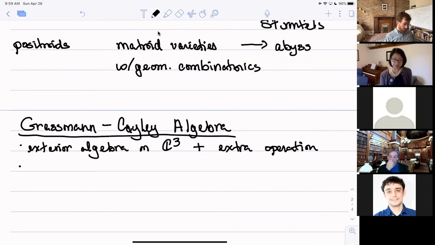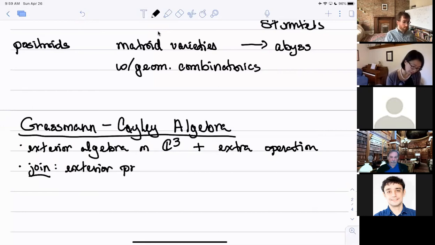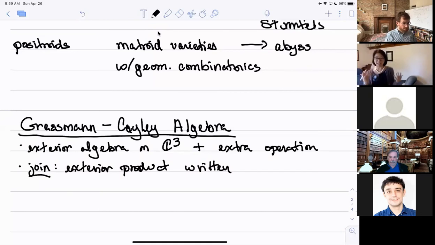The first operation that I want to think about is what we call the join. And the join is just the usual exterior product of vectors. However, we're going to write it a little differently. I've been doing this for 10 years now, so it actually seems normal to me at this point. We're going to write it upside down.